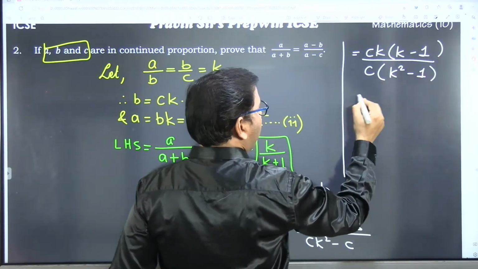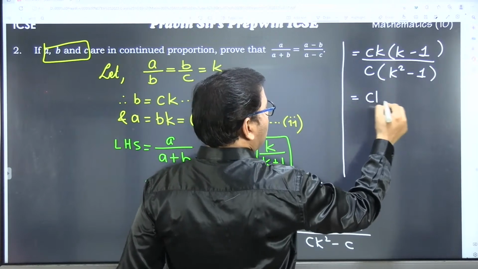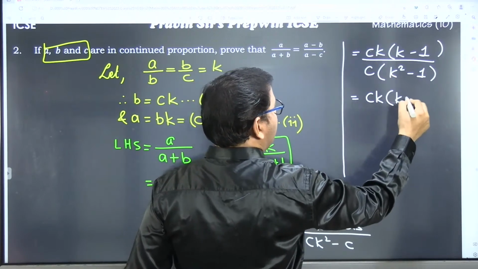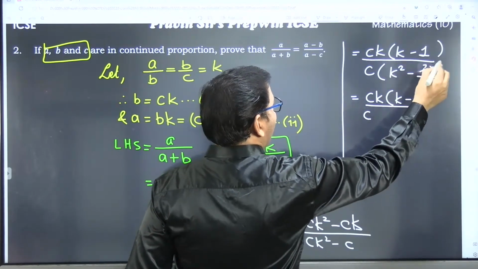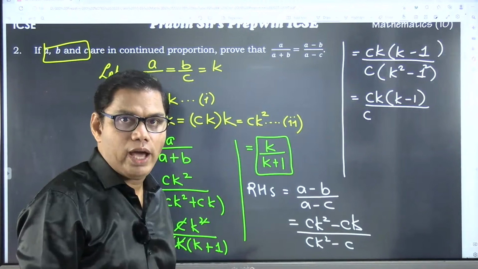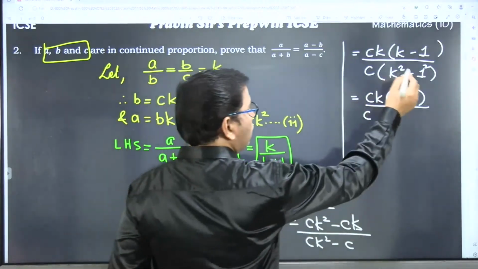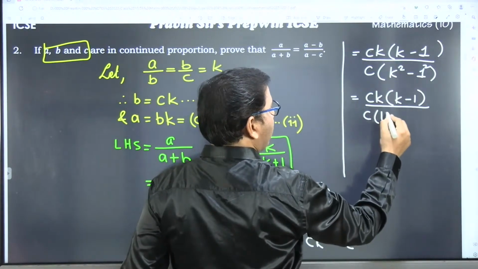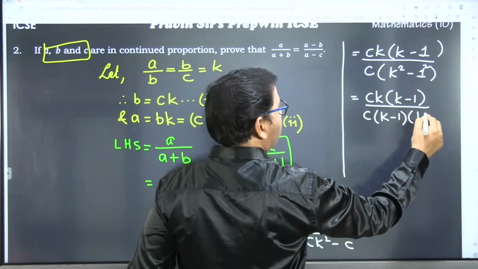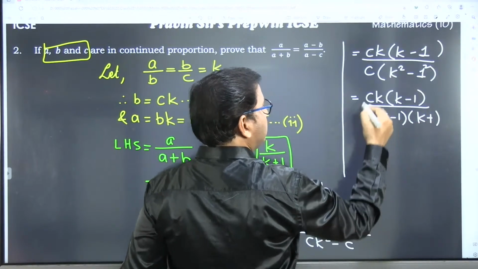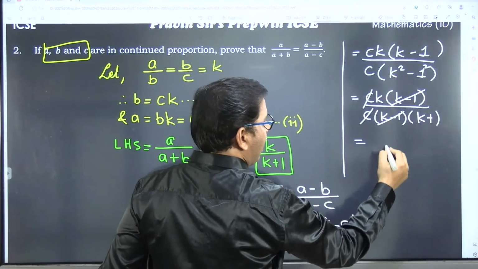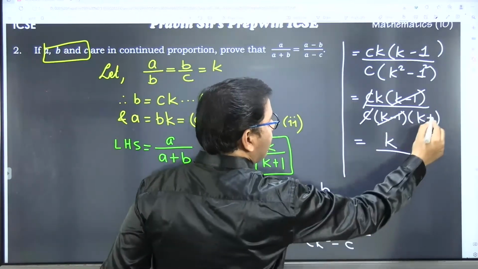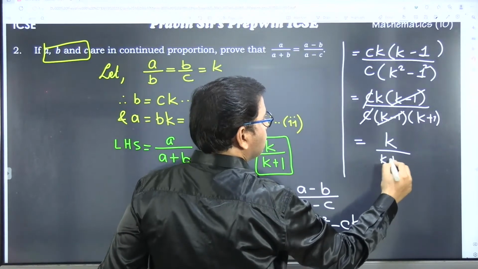Don't cancel here; all the cancellation we are going to do right at the end. 1 is a perfect square, so K square minus 1 square is K minus 1 times K plus 1. C and C get cancelled, K minus 1 and K minus 1 cancel, and I get K upon K plus 1.